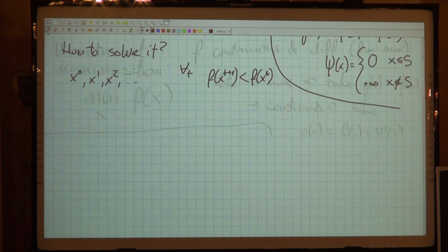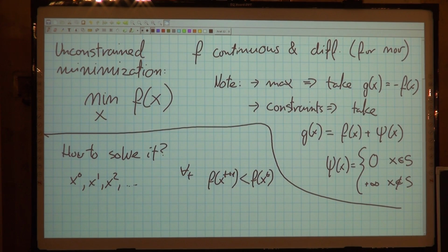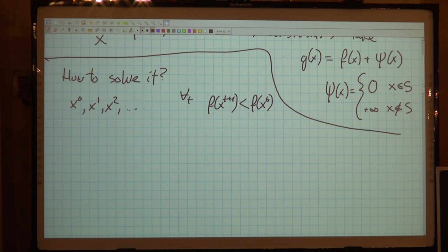Now there is a question. Imagine I have my point xt, and I would like to figure out what the next point should be that improves the value of the function. This is now the crucial and the only principle of continuous optimization.